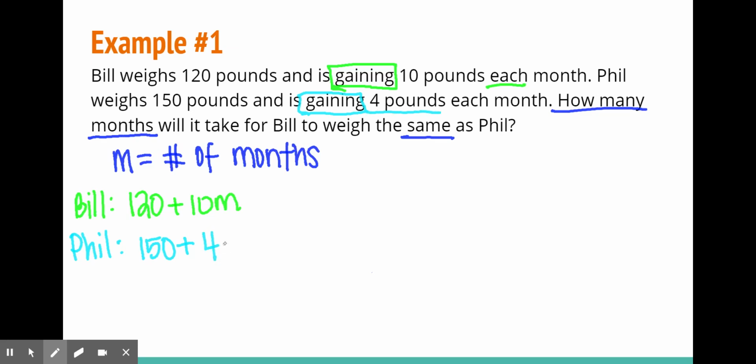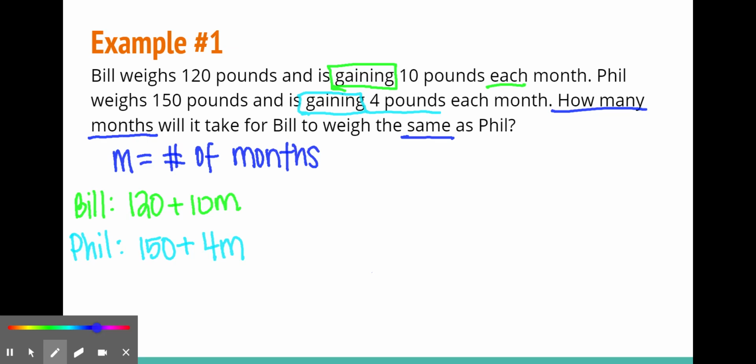So that's going to be 4 pounds per month, 4 times m for the number of months. So at any point, if I want to figure out how much Bill weighs, this is the equation for Bill, the one in green. If I want to figure out how much Phil weighs, then that would be the equation in teal. Now the question asks me, how many months will it take for them to weigh the same?